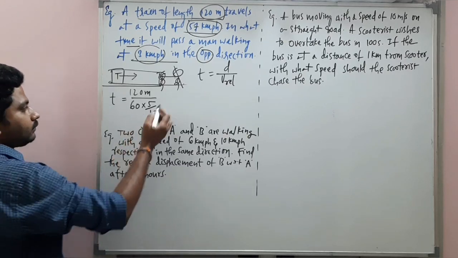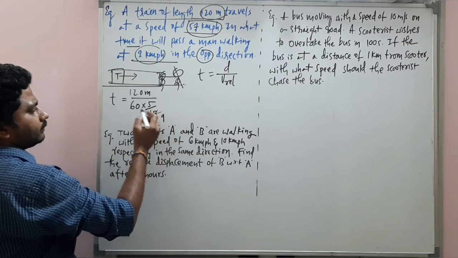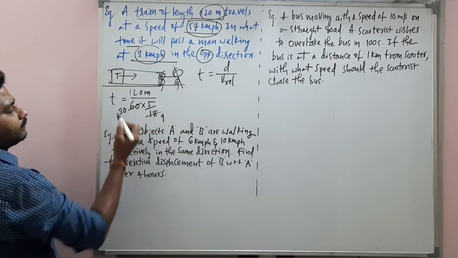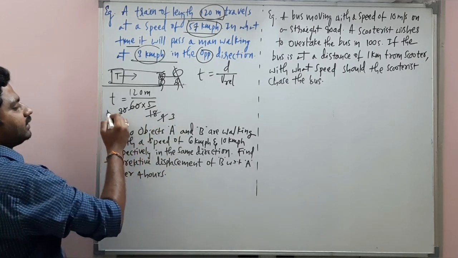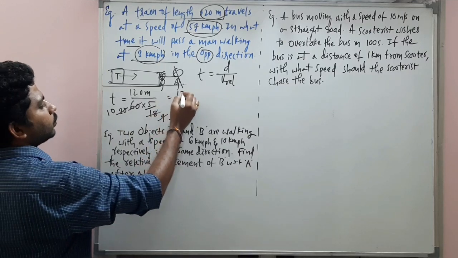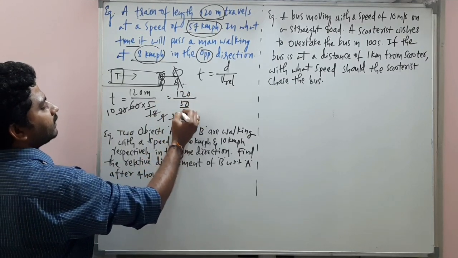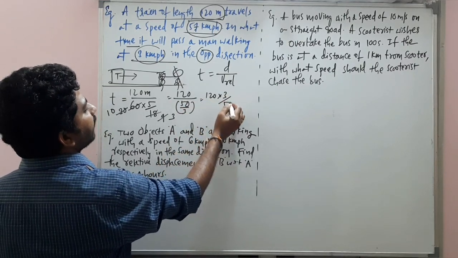And this I can also write as 2 9s and 2 30s. Again 3 3s and 3 10s. So it's 120 by 50 by 3. So this is 120 into 3 by 50.